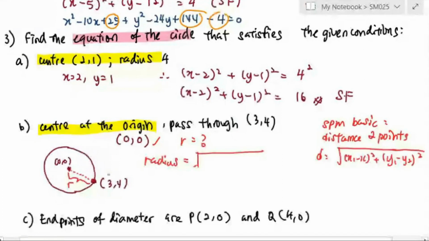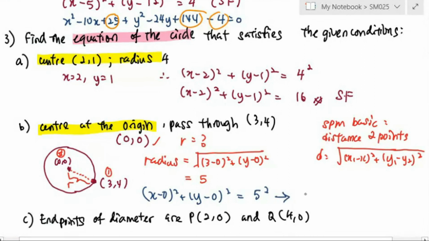This one I take as point 1, this is point number 2. So I will take (3 minus 0) squared plus (y minus 0) squared. Just press your calculator, we will get 5. Therefore, finally, the equation will be (x minus 0) squared plus (y minus 0) squared equals radius squared. Simplified, it becomes x squared plus y squared equals 25.